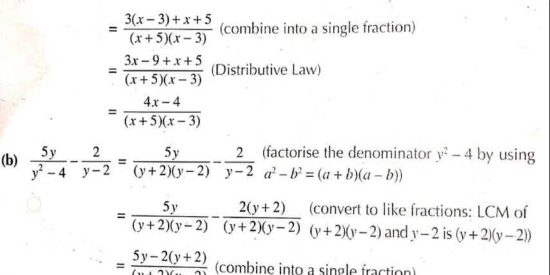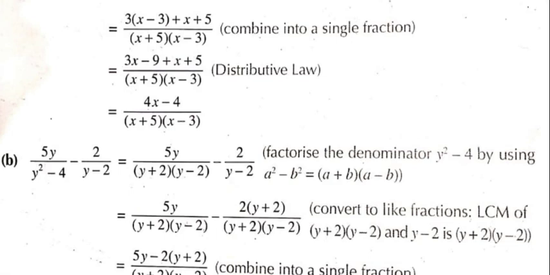So let's examine this y squared minus 4 here. We can also say this is y squared minus 2 squared. 4 is 2 squared, right? Using the formula a squared minus b squared, we can turn this into y plus 2 times y minus 2.